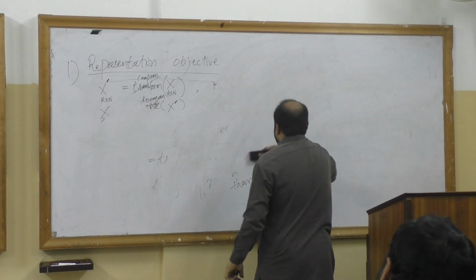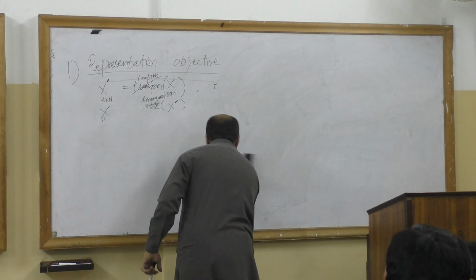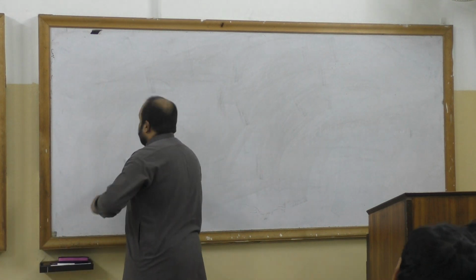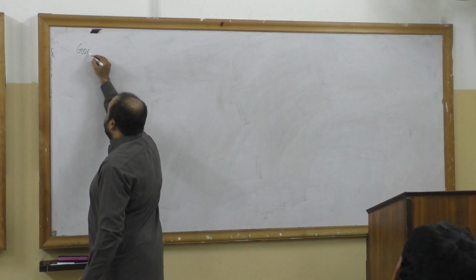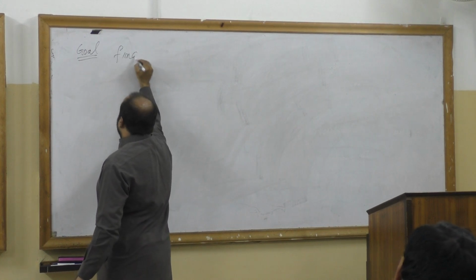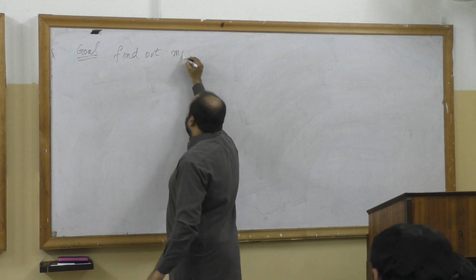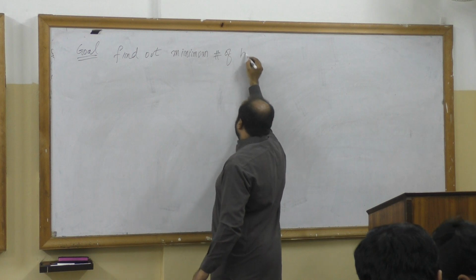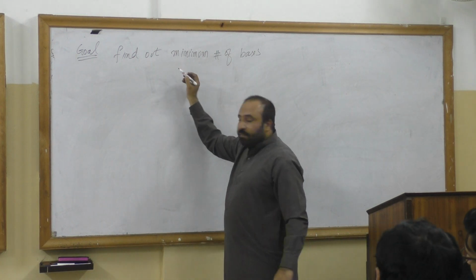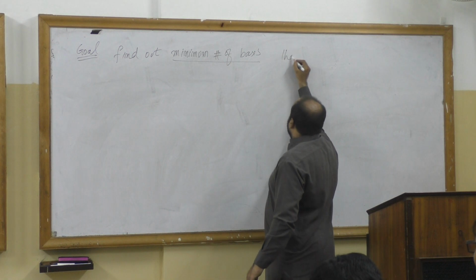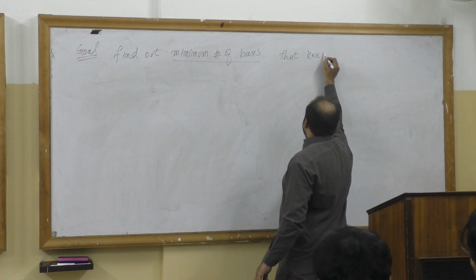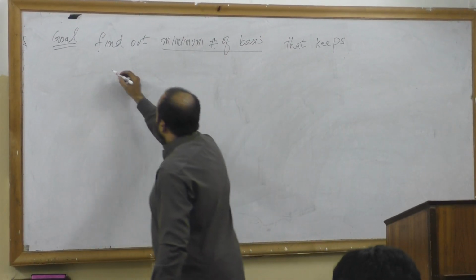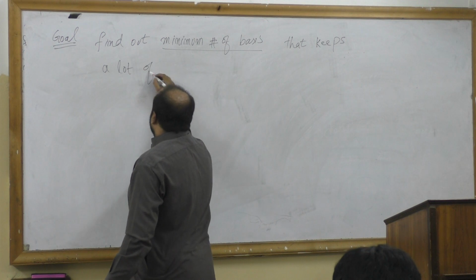Goal: find out the minimum number of bases, say J, that keeps a lot of information.